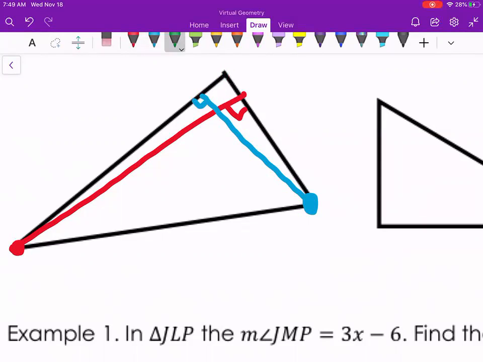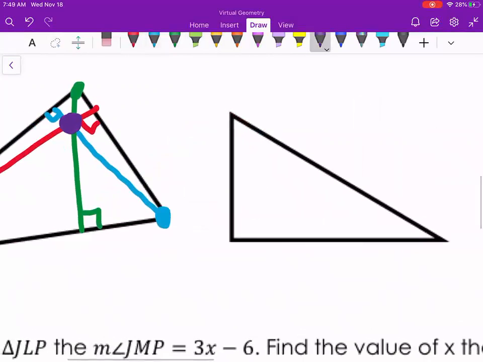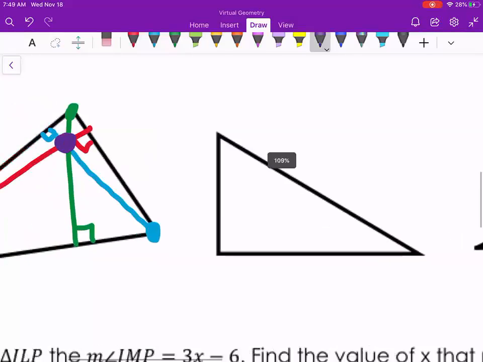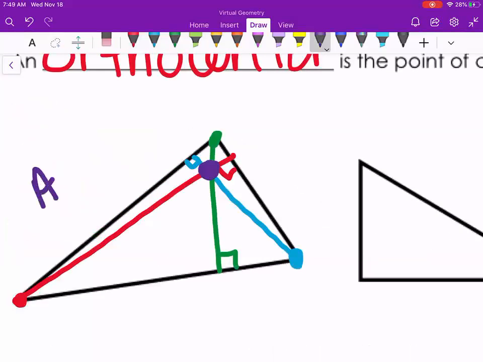And then from our top. And there is my orthocenter where all 3 of them come together. And again, notice when all 3 altitudes are inside the triangle, the orthocenter is inside the triangle. So again, this was your acute triangle with an inside orthocenter.